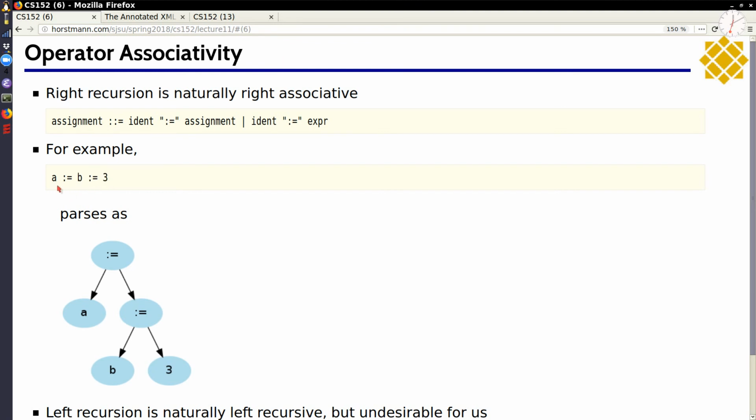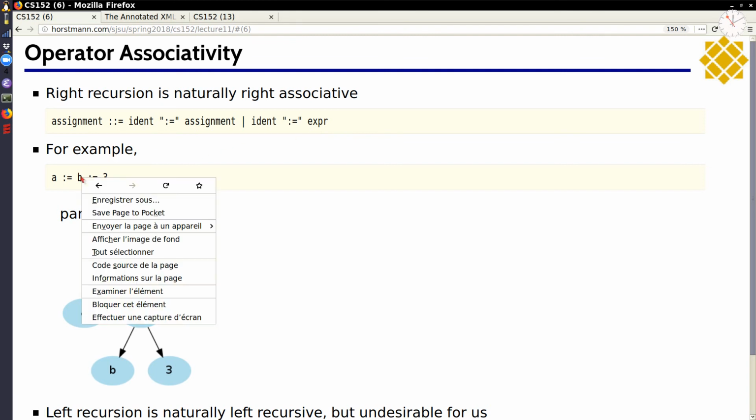So in this case, I don't have to worry about the grammar rule very much. I can just say that an assignment is either an identifier and a colon equal followed by an assignment, or it's an identifier colon equal an expression. So this one here is the second case.